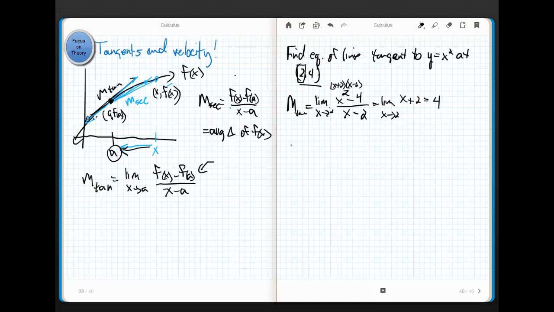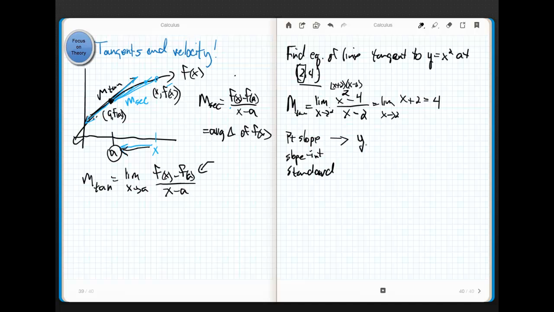Now, if I don't ask you for a specific form of a line, you may give me any form: point-slope, slope-intercept, or standard. The easiest one, I think, is point-slope.